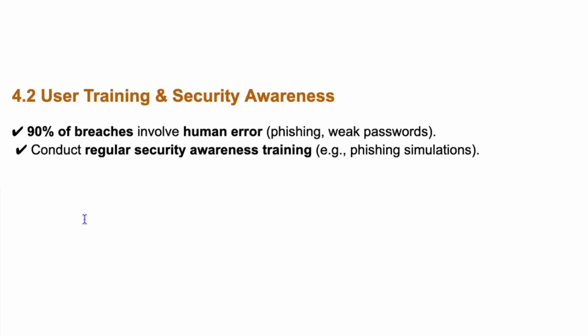So the hacker resorts to social engineering to take advantage of human error. They'll send a really interesting email to try to get somebody to open an attachment or click on something. Weak passwords, just not having strong password policies, can result in somebody saying, okay, my password is 12345678.